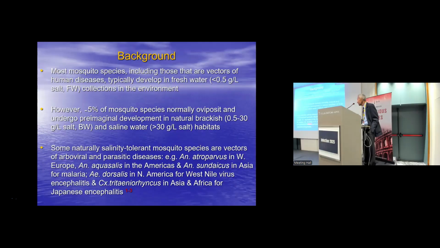Anopheles dorsalis in North America for the West Nile encephalitis virus, and Culex species which in Asia and Africa transmit Japanese encephalitis. These normally breed in brackish water, but they're found only in coastal areas.